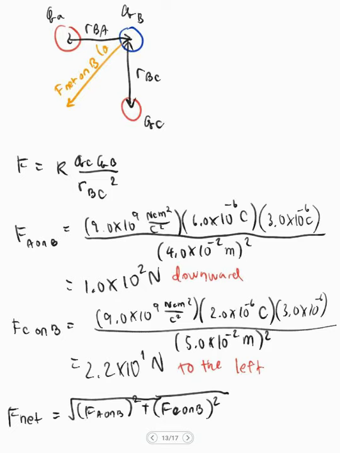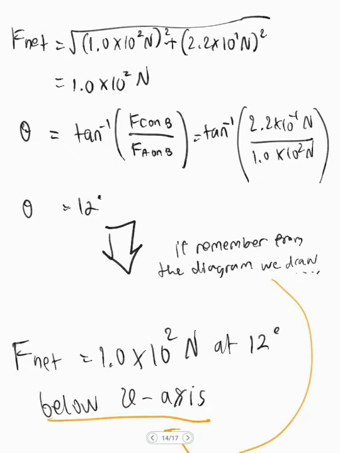We find the net force by using the square root of A squared plus B squared, where A is FA on B and B is FC on B. After we convert it, we get the result of 1.0 times 10 to the power of 2 Newton, and we can find theta by using tan inverse of FC on B over FA on B, which after calculating is 12 degrees.